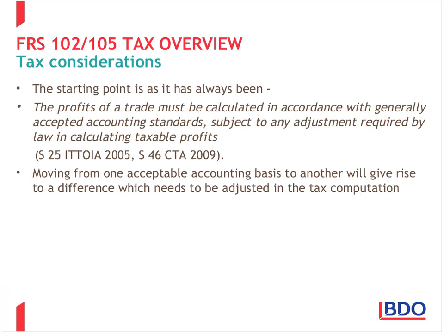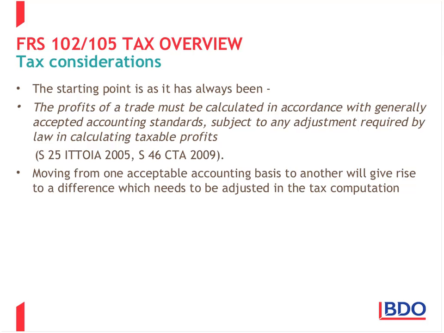So let's look at the starting point. The starting point has always been the accounts as prepared under UK generally accepted accounting standards. That is your starting point for your tax computation. There will be adjustments that are required for tax, but it's the profit in the accounts that one starts with.